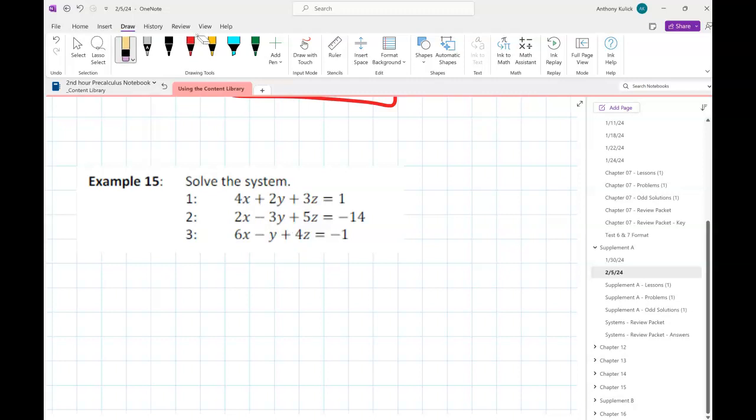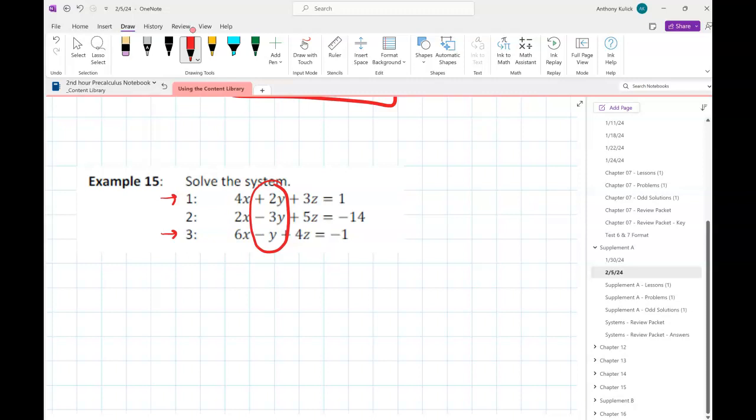All right. So we're eliminating y's. So let's say I eliminate the y's with equation 1 and equation 2, or equation 1 and equation 3. So to get equation 1 and equation 3 for their y's to cancel out, I need to change the coefficient for the y in equation 3 to be -2. Everybody agree with that? To do that, I'm going to multiply equation 3 by 2.